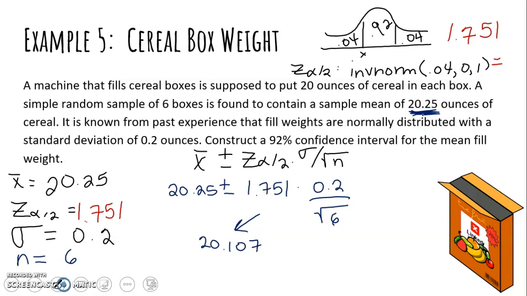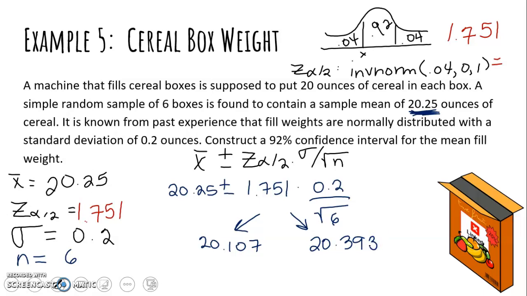So 20.107. If we change it up and make it plus instead, 20.25 plus 1.751 times 0.2 over the square root of 6, we get 20.3929, which rounds to 20.393.